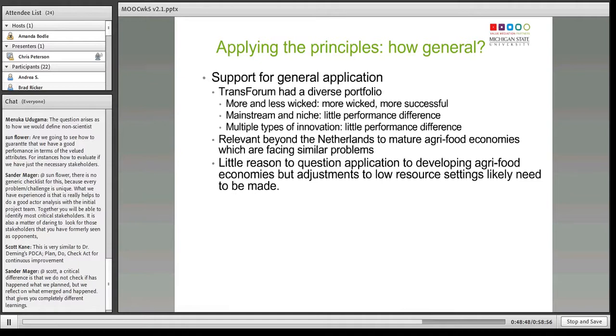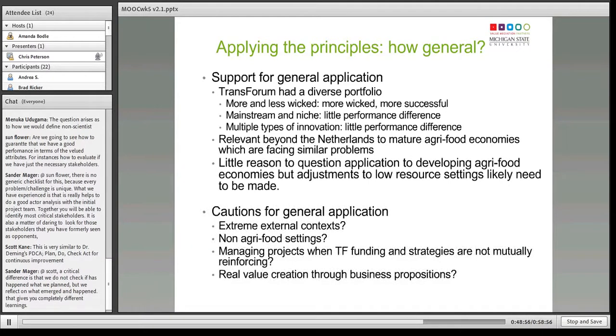But at the same time, we have to be cautious about the use of these principles. One of the things I looked at and didn't report on earlier was how extreme were the external conditions to these various projects. Well, it turns out that they weren't very extreme.